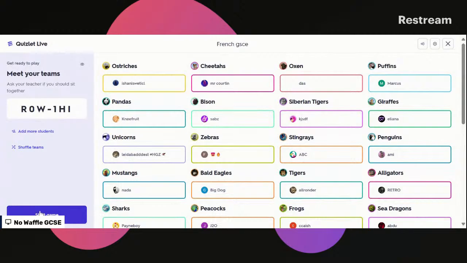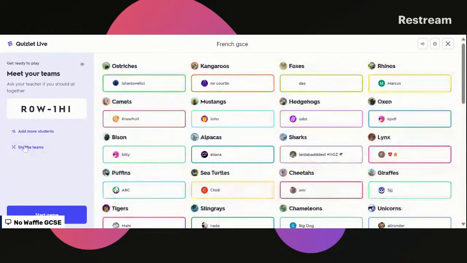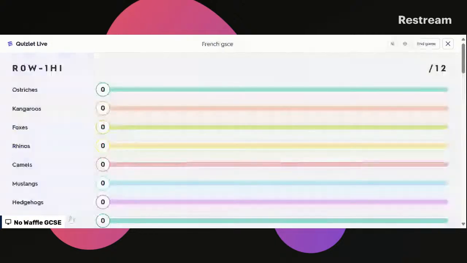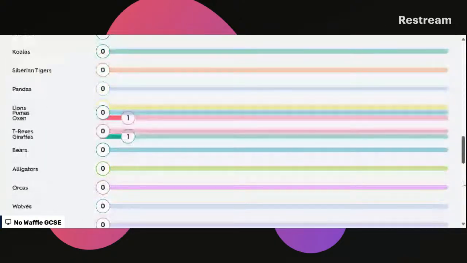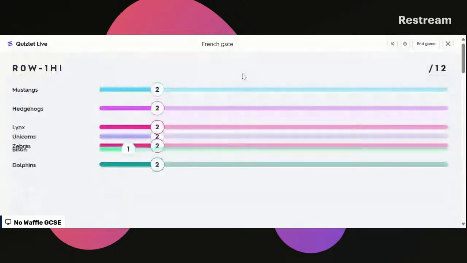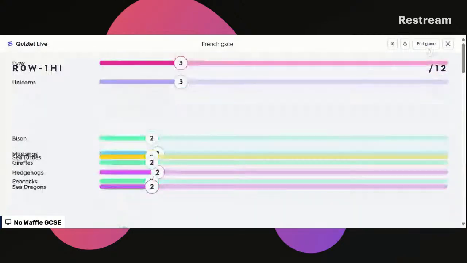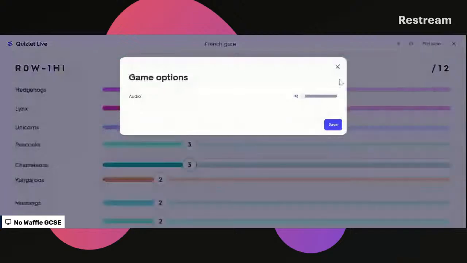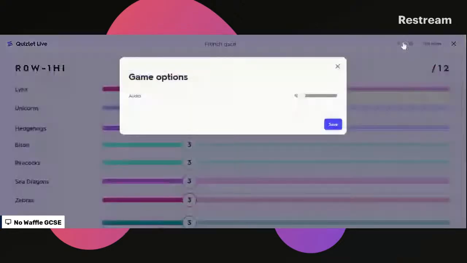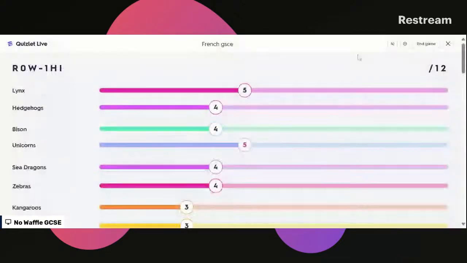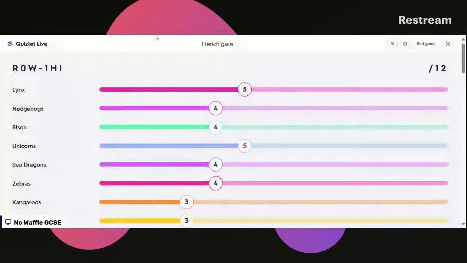I'm going to shuffle the teams. Okay. So it seems like whoever gets 12 cards correct.